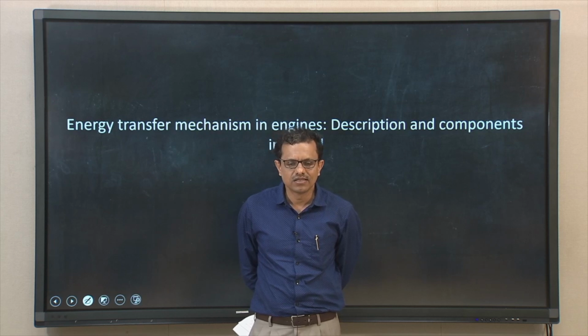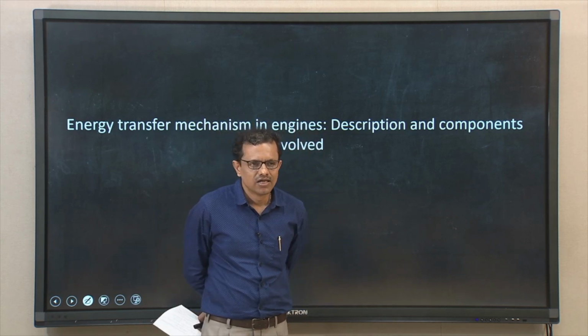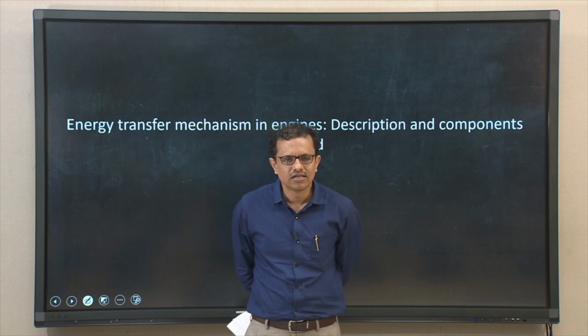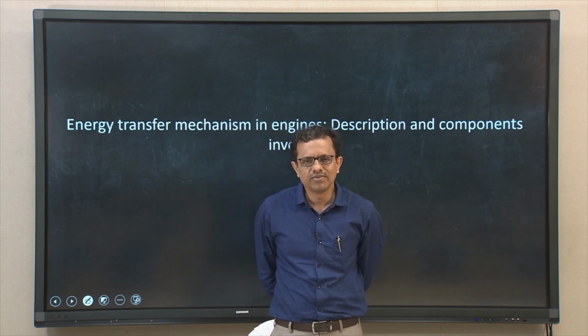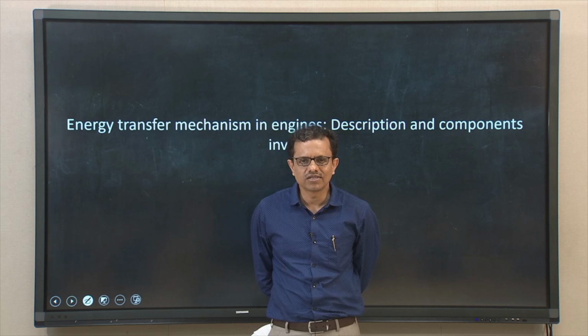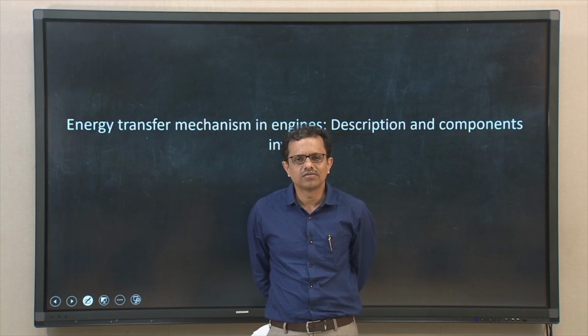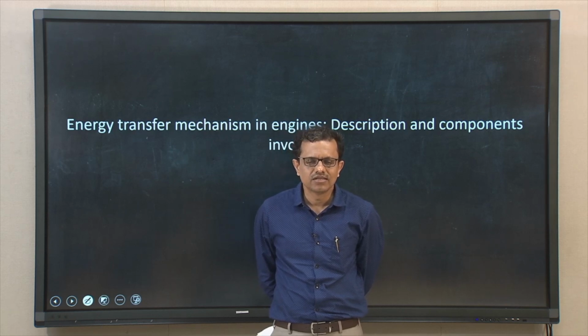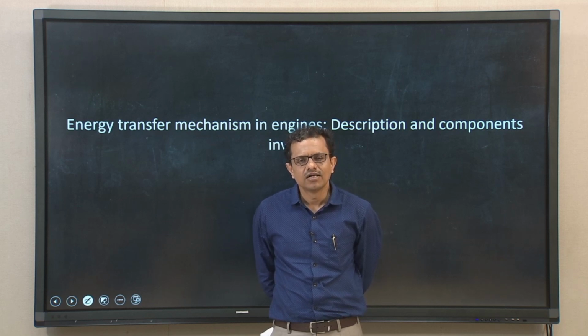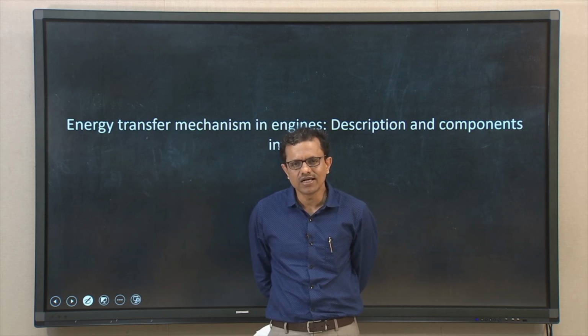Whatever may be the case, in both cases the fuel and air mix together and then combustion occurs, and because of this combustion we get some heat energy, and then that heat energy is converted into work. That conversion is not very efficient, as we know that heat is low grade energy and work is high grade energy, that we have studied in our basic thermodynamics course.